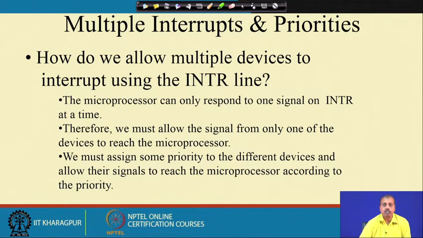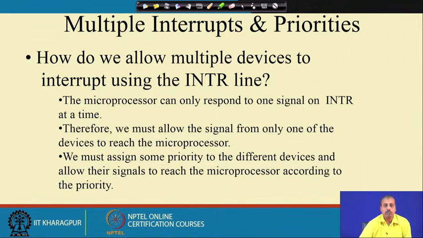That is important. Somehow we have to ensure that the processor does not get interrupts from multiple sources, because ultimately there is only one pin in the microprocessor. So, we must assign some priority to different devices and allow their signals to reach the microprocessor according to the priority.